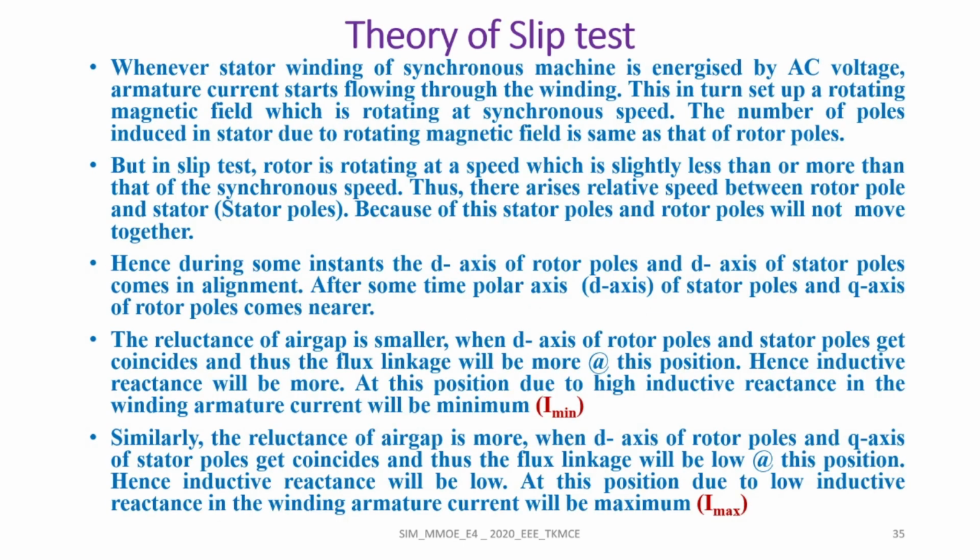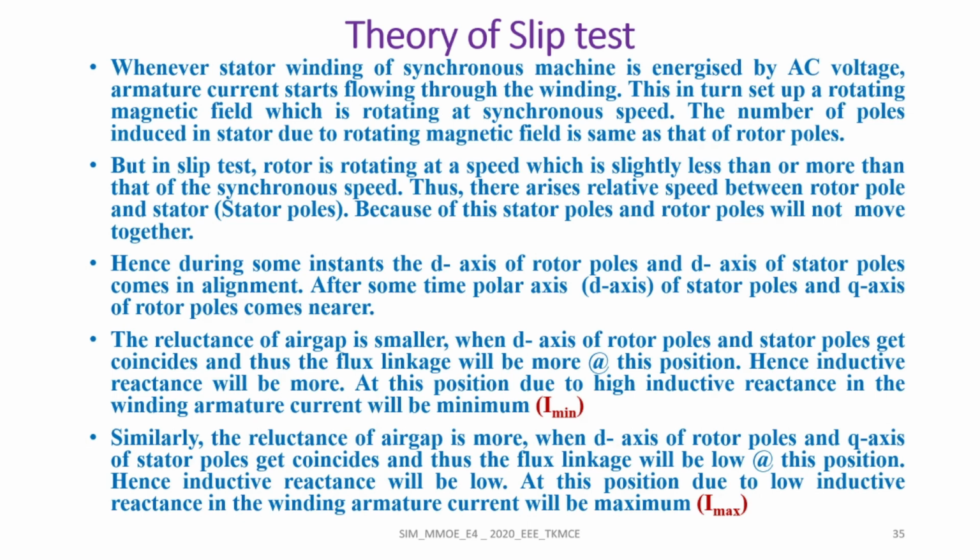Now let's see the theory of the slip test. As we discussed earlier, whenever there is a relative speed between the rotor and rotating magnetic field, the rotor pole and stator pole cannot move together. Sometimes the direct axis of the rotor comes in alignment with the polar axis of the stator. Under that condition, air gap length is minimum.